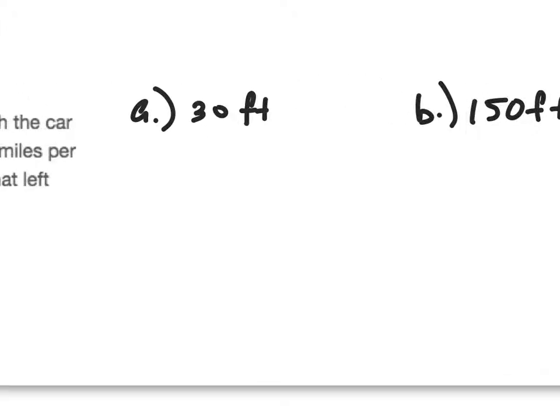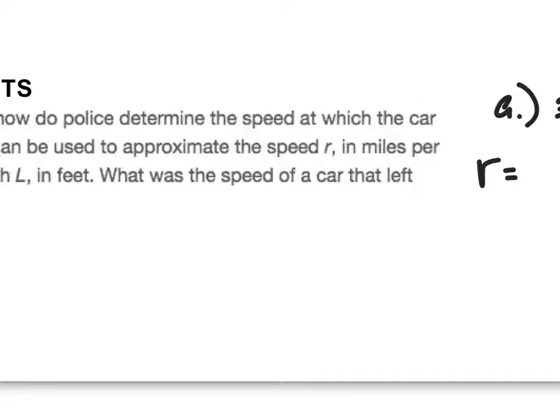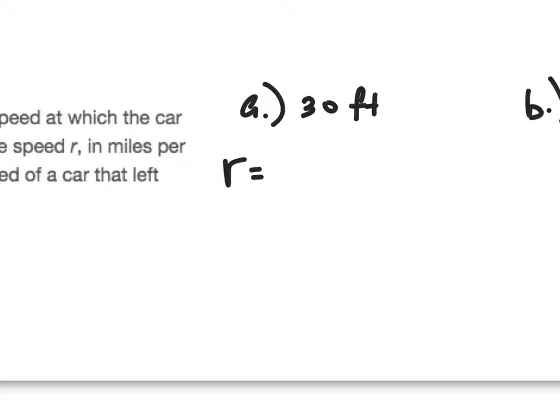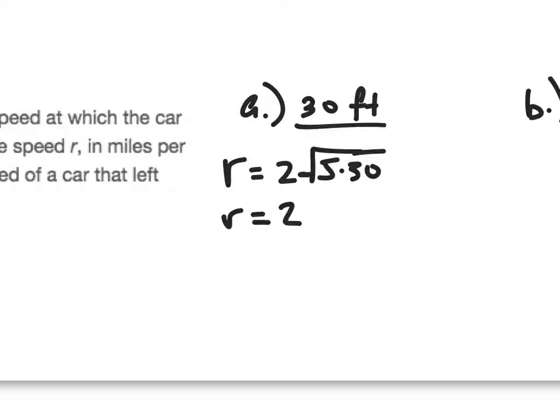So I've got R is equal to 2 times the square root of 5L. So I'm going to do 2 times the square root of 5 times my length, which is 30, okay? So I'm going to just plug this into the calculator, and you can do a little bit of work before you put that in the calculator. But 2 times the square root of 5 times 30, so 5 times 30 is 150.